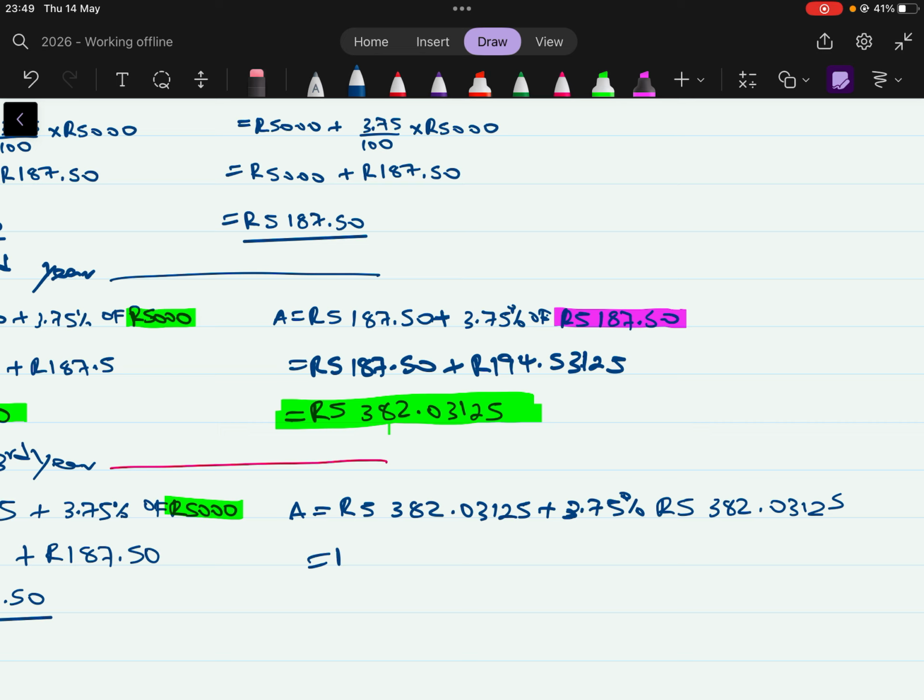So then let's do the calculation. 5,382.03125 plus 3.75% of 5,382.03125. Okay, these are 201.8261719. Okay, let's just add these two values and see how much it is.